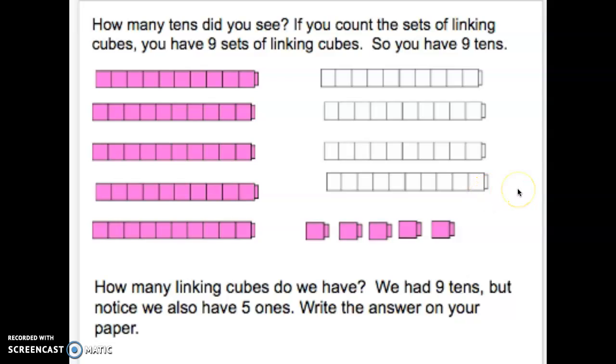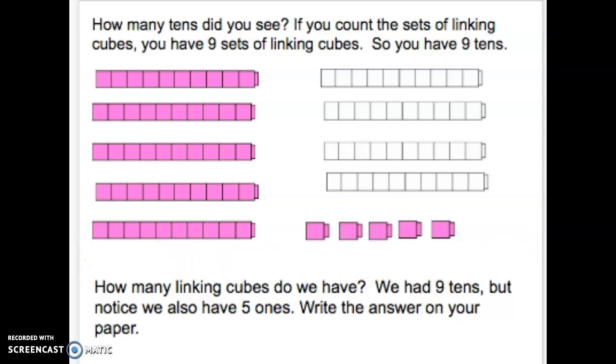We have 9 tens. But notice we also have some ones. Let's count and see how many ones we have. 1, 2, 3, 4, 5. So we have 9 tens and 5 ones.